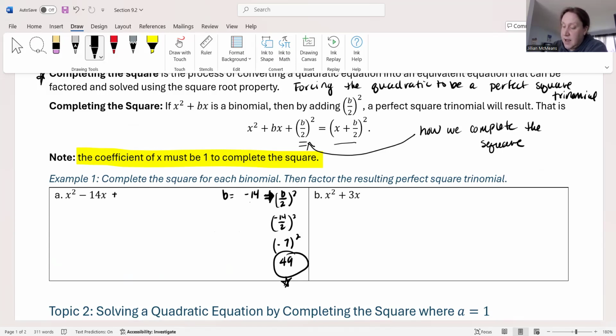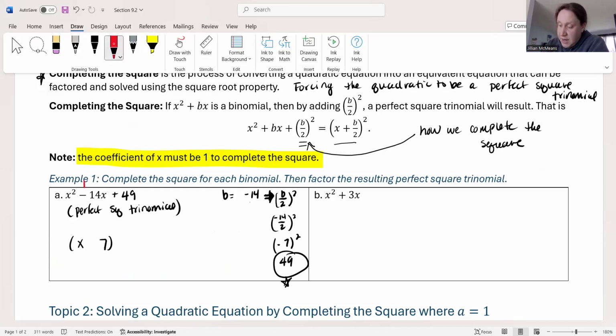So if I add 49, this is now a perfect square trinomial. Okay, and what's so great about a perfect square trinomial is if I take the square root of the first term, x squared, the square root of that is just x. If I take the square root of the last term, which we've now decided is 49, the square root of that is 7.